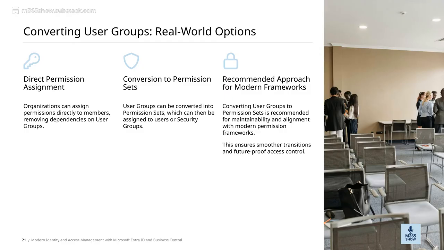Another option organizations have is to assign permissions directly to individual members. This method removes the dependency on user groups altogether and can simplify permission management in some cases. Overall, moving towards permission sets helps create a more sustainable and scalable access control system, keeping your environment aligned with modern identity and access management best practices.